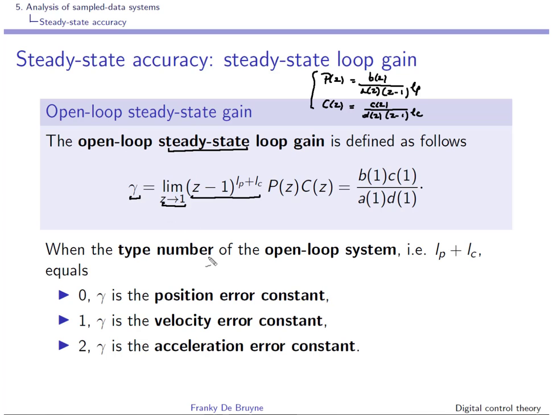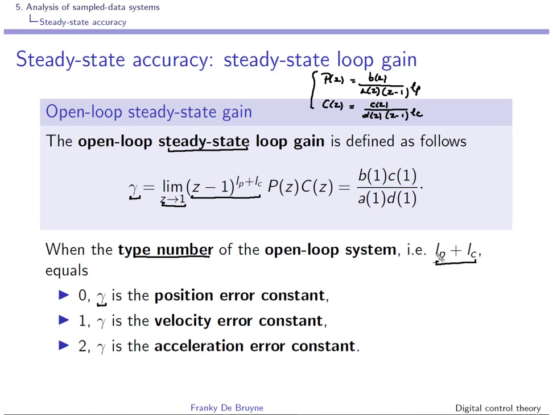Depending on the type number of the open loop system, so depending on LP plus LC, gamma will have a different name. If this type number is 0, this means that there is no integrator in the process and no integrator in the controller. Well, this gamma will take the name position error constant.